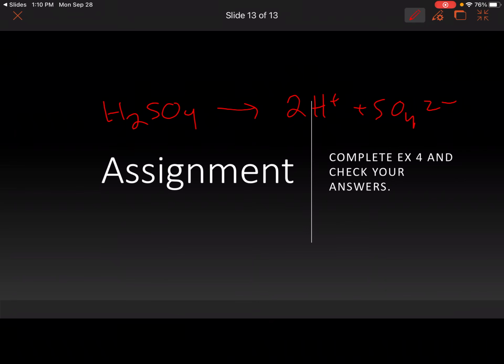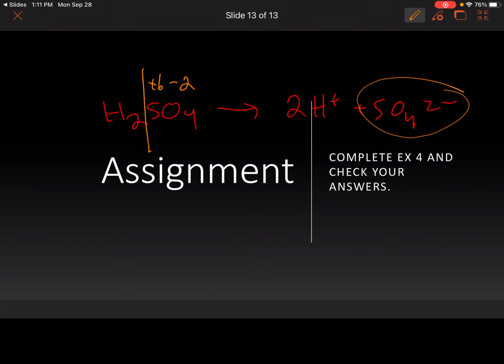But like I say, I like to keep them all together. So it's going to break apart here. Now the sulfate ion, I know that oxygen is -2, and I've got 4 of them having a -8 there. So sulfate ion, remember, SO4 2-. So I need these numbers to equal -2.